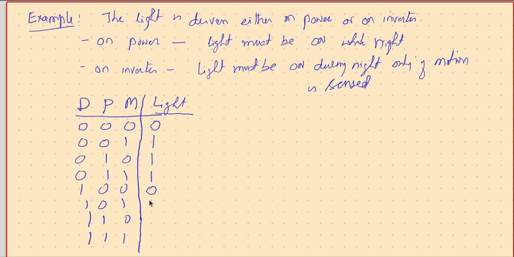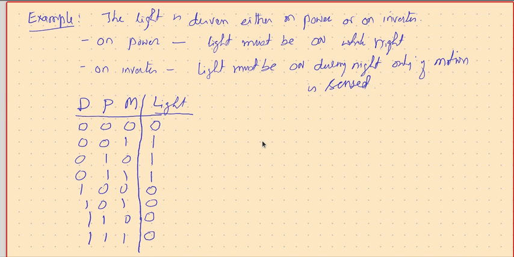Yes, it is day, there is no power, there is no motion, so it doesn't matter, no light. It is day, so no light, whether power is there or not, whether motion is detected or not, and so on.